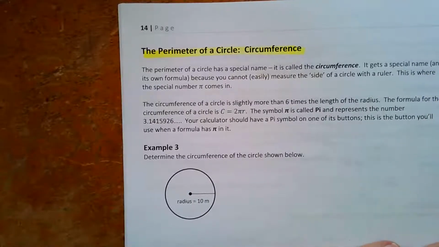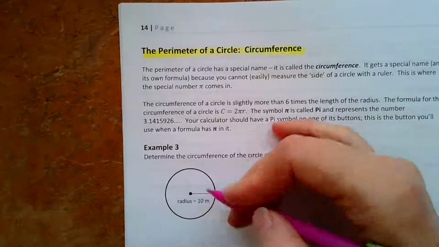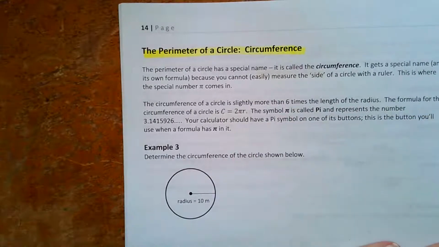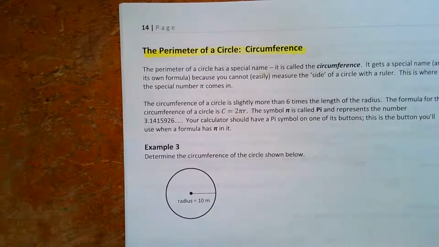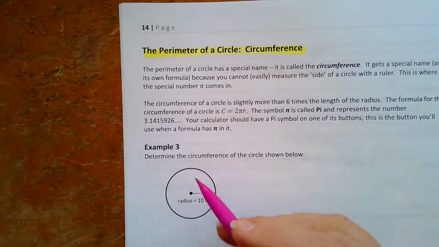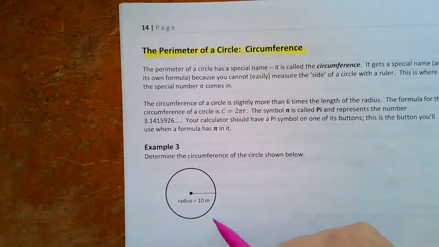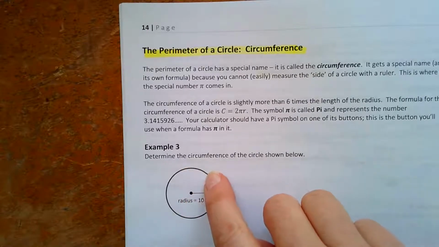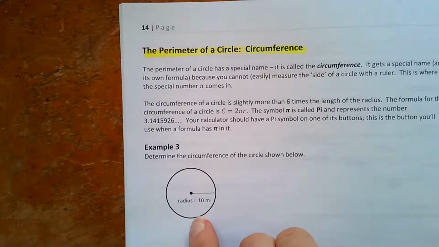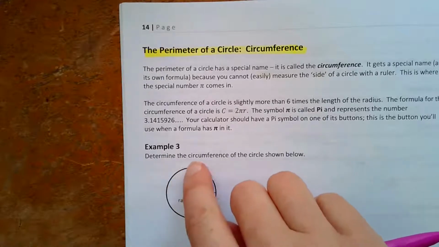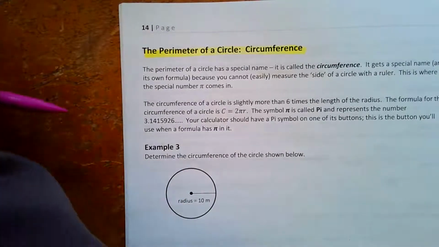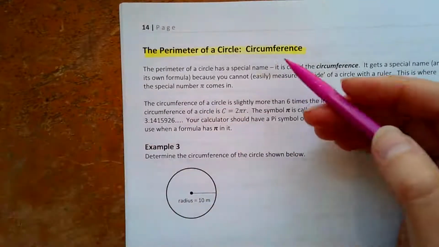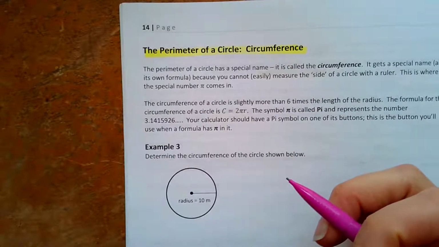So the perimeter of a circle is the distance around the circle. That makes sense. But you can see that it's difficult to measure with a ruler. We don't have circular rulers. Now, one of the ways you could measure a circle is, I guess, take a piece of string and lay the string around the outside edge of the circle, which is called the circumference, and then just measure the string on a ruler.